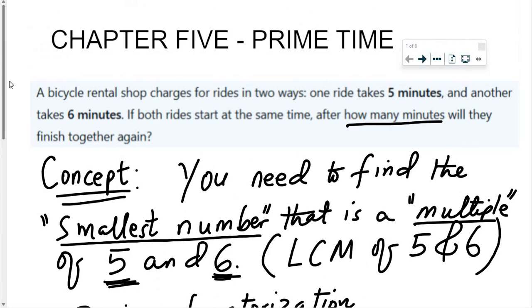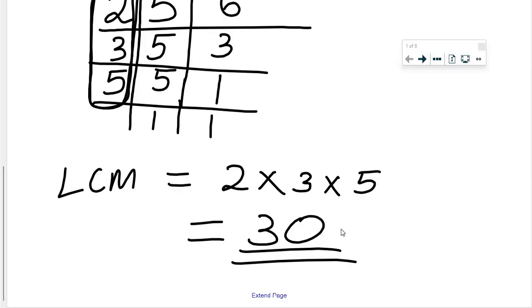So, according to this word problem, one ride takes 5 minutes, another ride takes 6 minutes. If both rides start at the same time, after how many minutes will they finish together? It will be after 30 minutes.